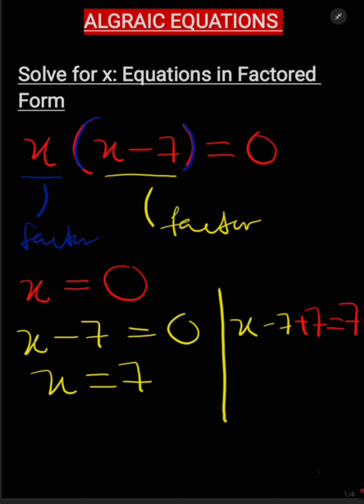Why is that? What you do on the left, you should also do on the right. As a result, x minus 7 plus 7 will result in x because minus 7 plus 7 is 0. So ultimately, you shall have x equals 7.